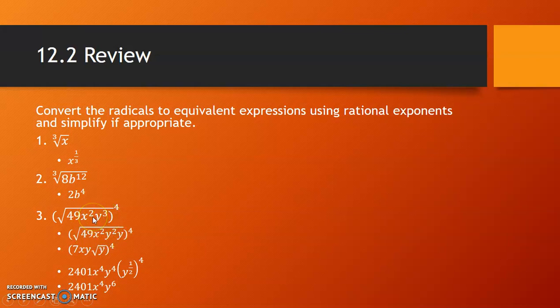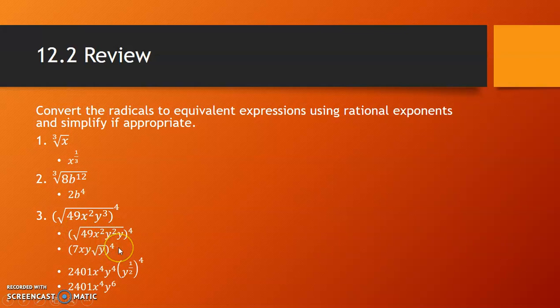So like the first one has a 2, which is even, but the y has a 3. So what I did down here is I actually broke y apart into y squared times y, so that when I square root 49, I get 7, and the square root of x squared and y squared is x and y. You're just, again, dividing those by that 2, because there's a 2 sitting there. Now that other y will just have to stay underneath the radical sign.